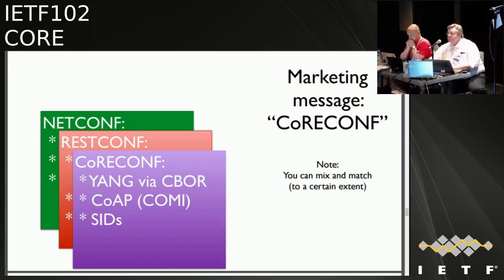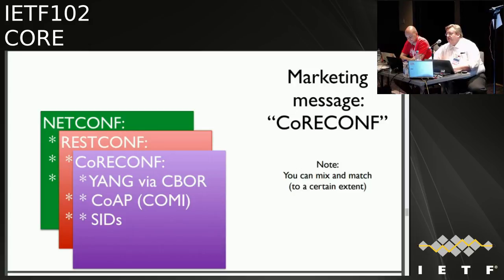And more recently, people found out that maybe doing some of this over HTTP would be a good idea. So they invented another bundle of documents that are highly related, which are called RESTconf.